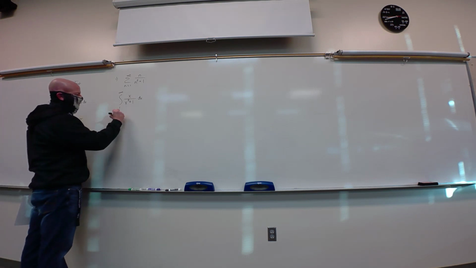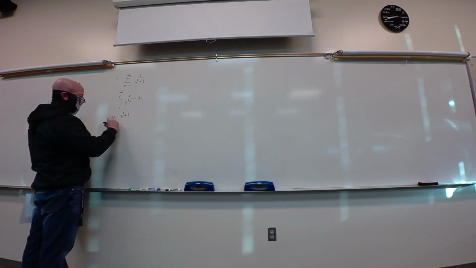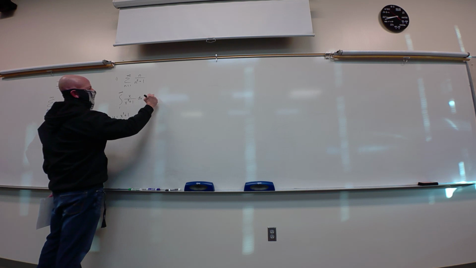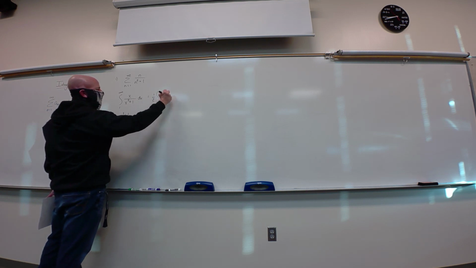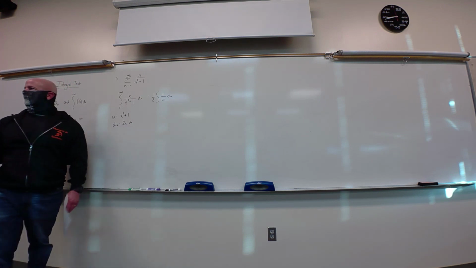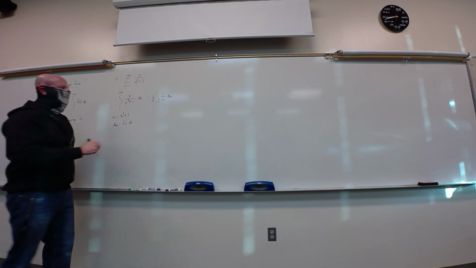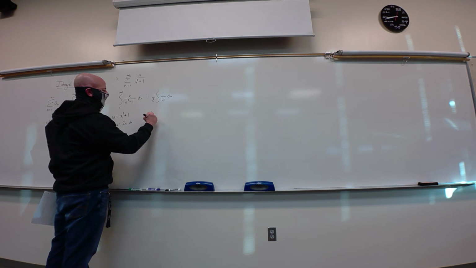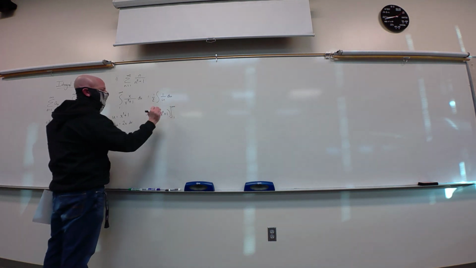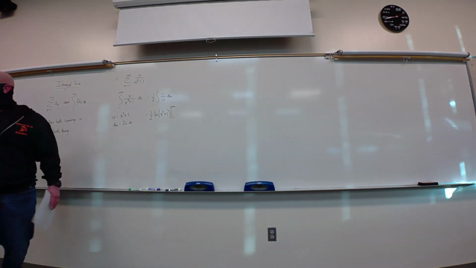So we're going to go u equals x squared plus 1, du equals 2x dx. So we're going to have 1/2 integral 1 over u du, which would be that natural log function. So we're going to have 1/2 ln of x squared plus 1 from 1 to infinity, and that's what I've got to evaluate. I've got to see what's going on with this guy.